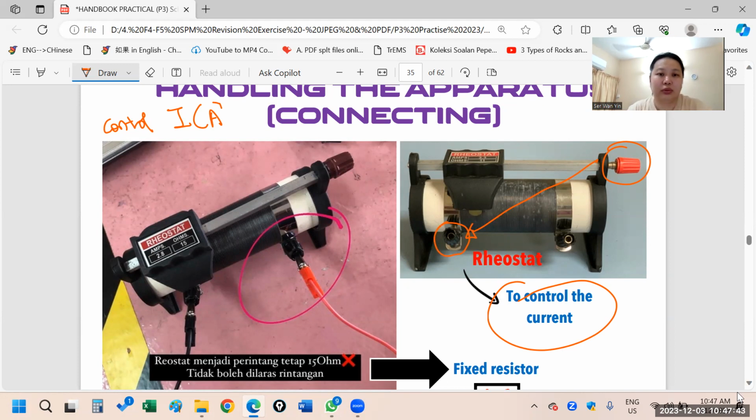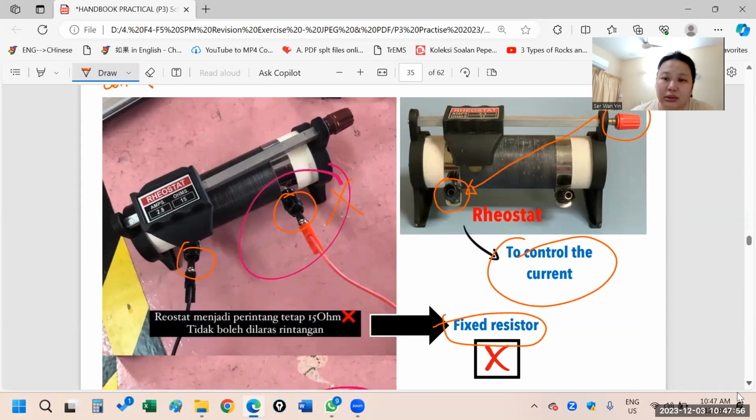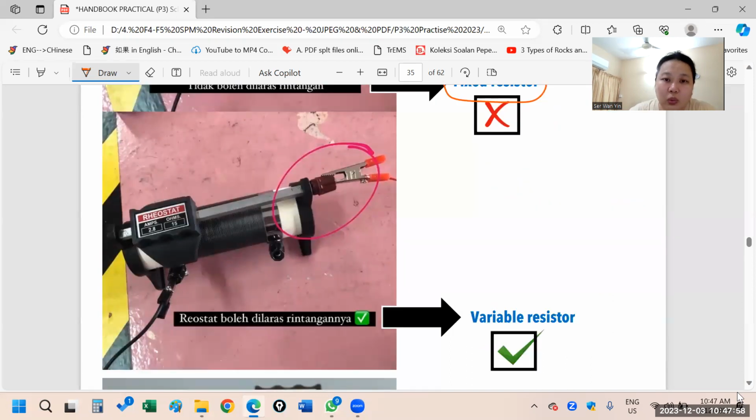For example, if you clip both down, this is a fixed resistance, okay? So this one is wrong. Make sure you clip one up and one down. Then you adjust the rheostat, which means we slide the rheostat. Then we can see the changes of I and V.